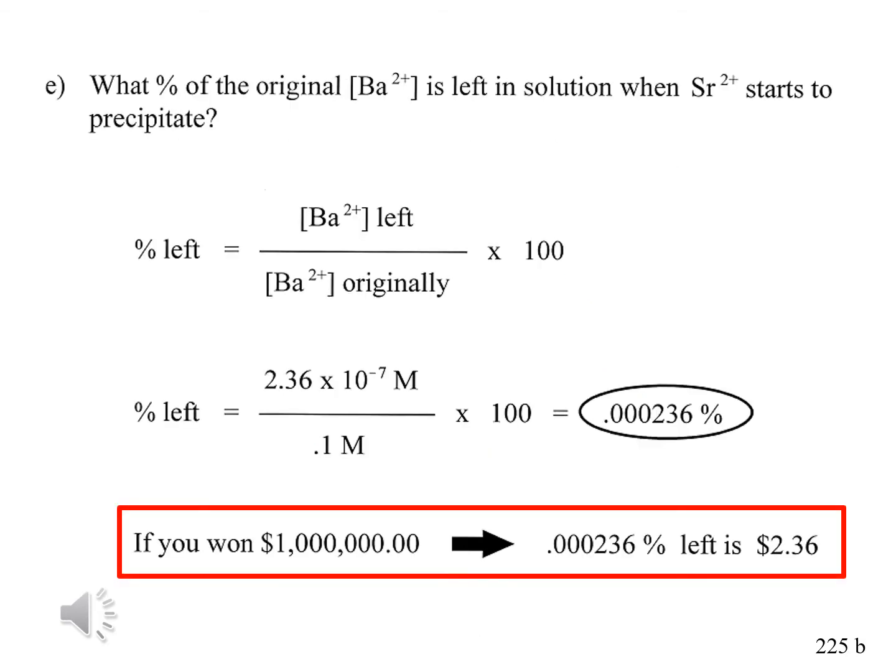We calculated that there would be only a very small percentage of the barium left, which means we got a good separation. I showed that if you won $1 million and the percentage was all you had left, you would only have $2.36.